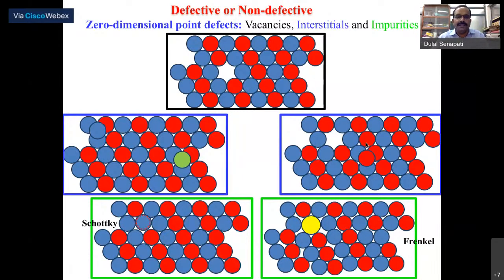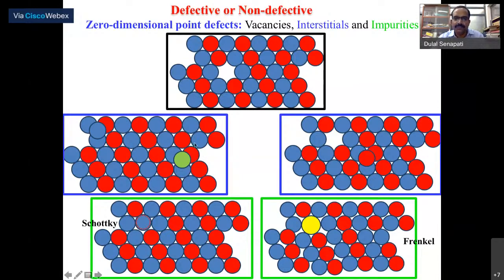One is the zero dimensional, the point defects in a crystal lattice, when the crystal is made by, suppose, cation and anion like sodium chloride. When the two points, one sodium and one chlorine, come out, they give a vacancy.